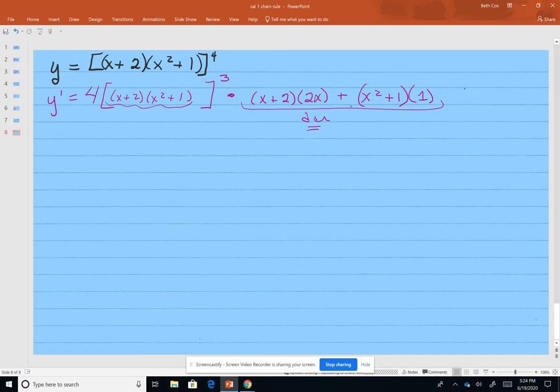All right, so now we just got to simplify it. Okay, we can do this. All right, so let's do a big bracket right here. That's what I was missing. All right, so let's do this. So that's going to give me 2x squared plus 4x plus x squared plus 1.